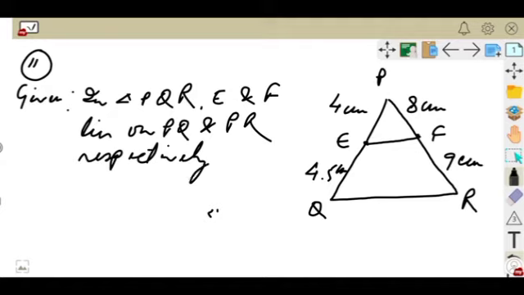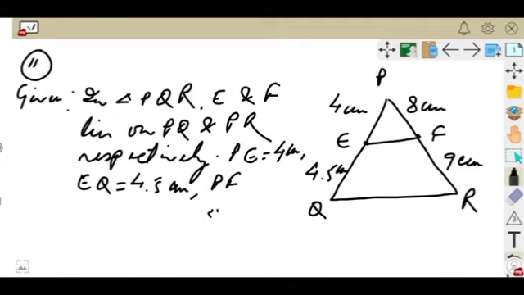After that, PE is 4 centimeter. EQ is 4.5 centimeter. Next, PF is 8 centimeter. And at the last, FR is 9 centimeter.